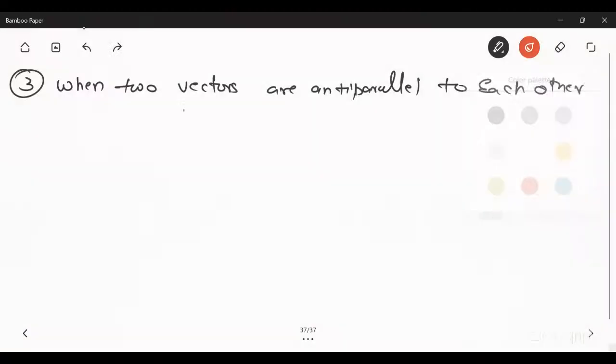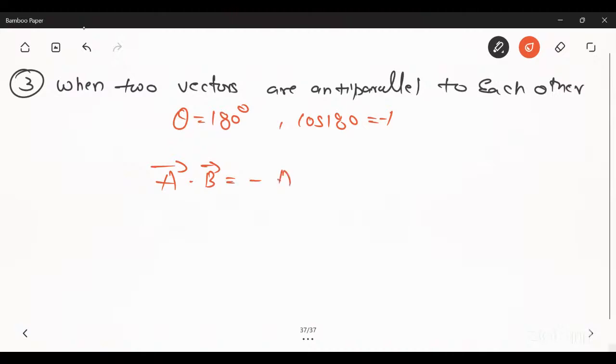What is the theta between them? Theta between them is 180 degrees, and the value of cos 180 is -1. So A dot B is equal to negative of mod A mod B.